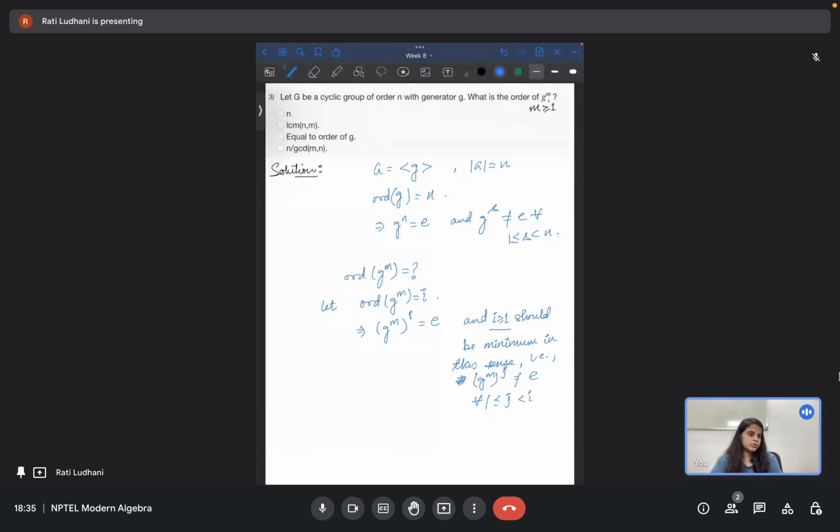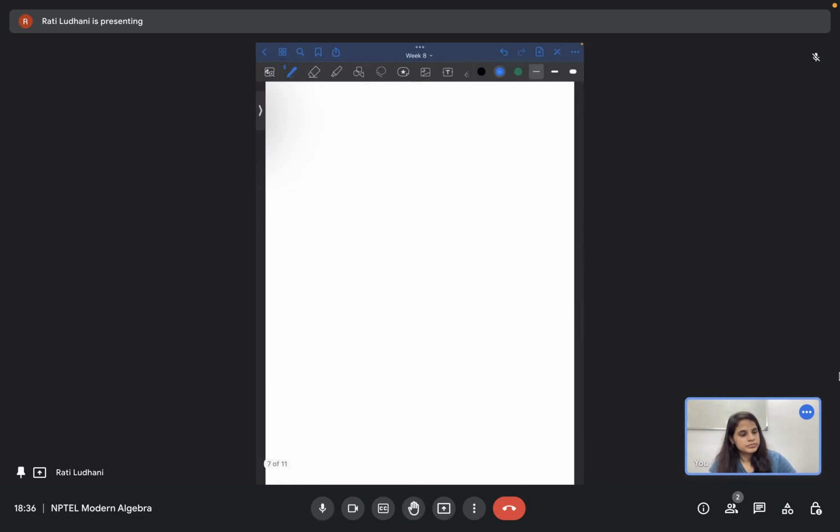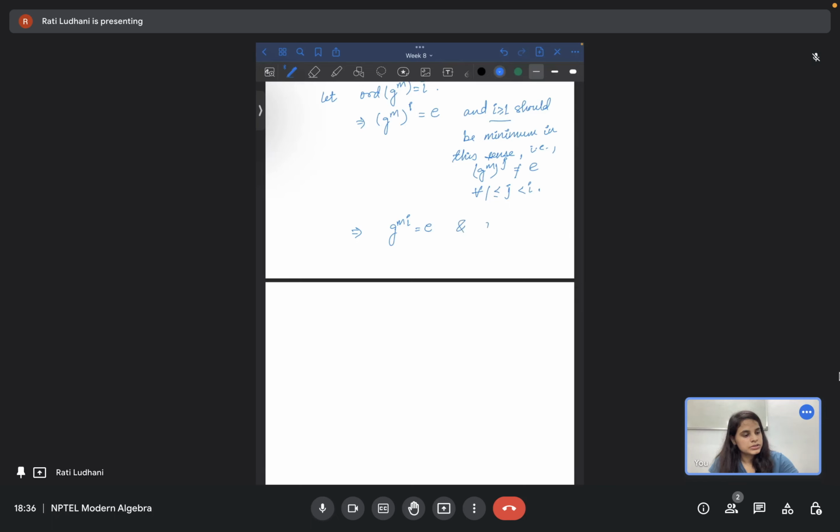Okay, so let's see what is happening here. So this is the case, g raised to power m raised to power i. This implies g raised to power mi is equal to identity. You know one thing from here, g raised to power n is equal to identity. So what should happen? This is minimal, and this is true.